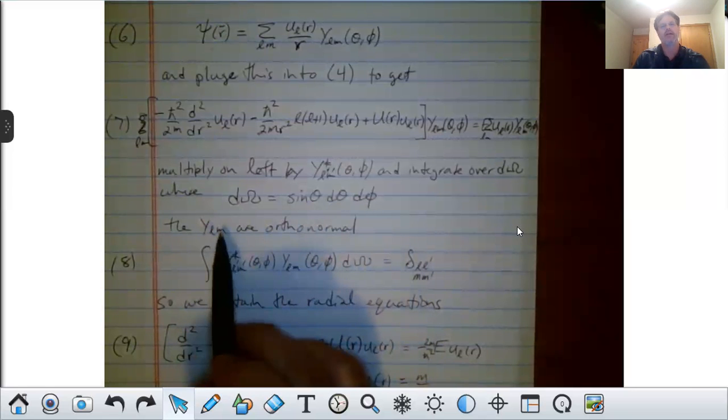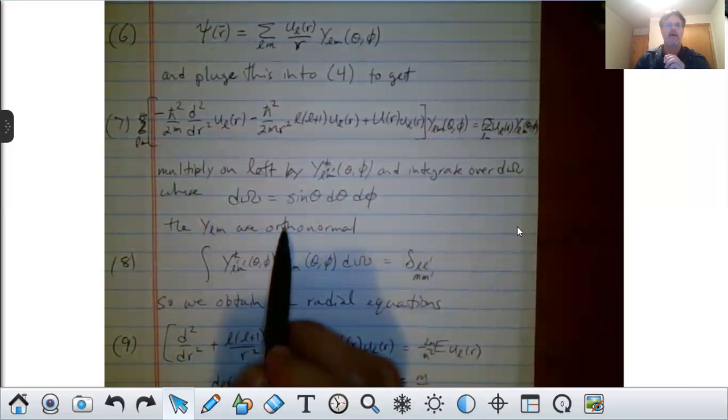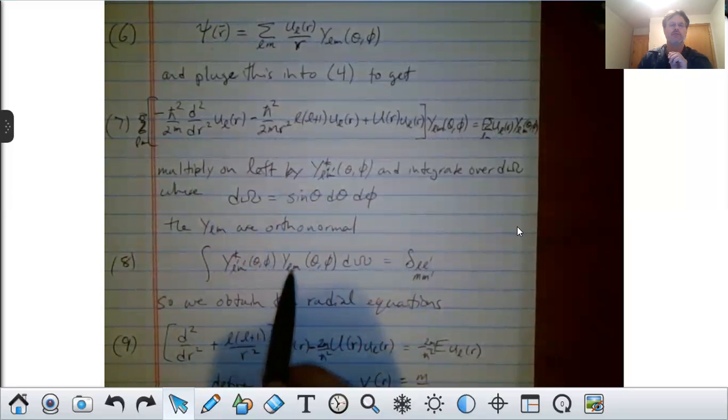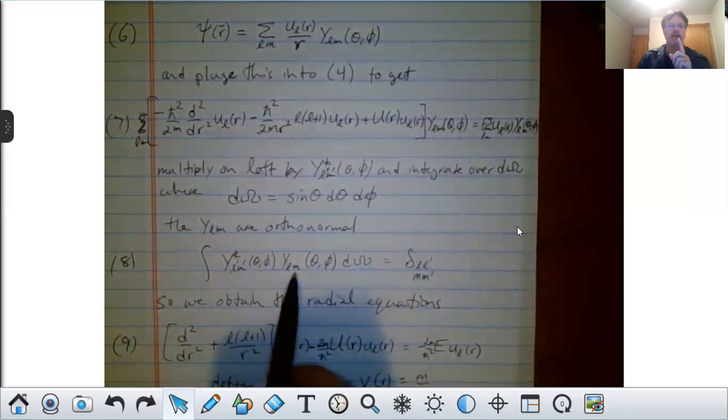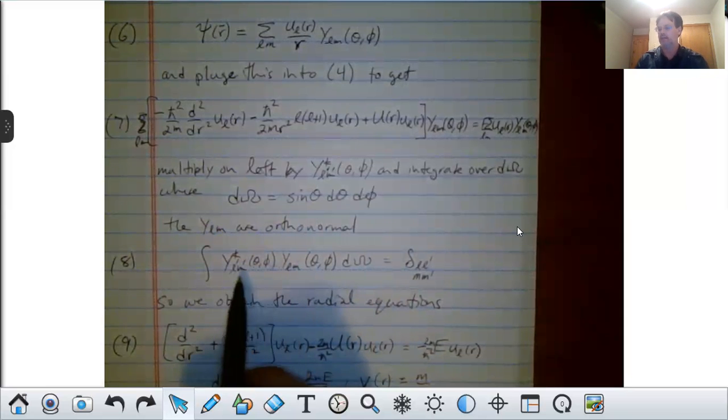Turns out that the Y_LMs are orthonormal. And what I mean by that is when you take the integral of two functions, Y_LM, its complex conjugate, and itself, it's equal to 1 if L prime, M prime are equal to L and M, or it's equal to 0 if they're not equivalent, right?